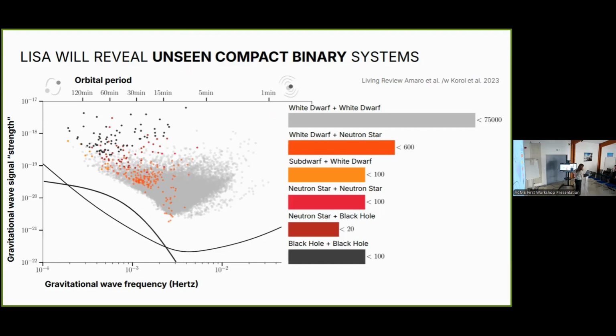Okay, so I'm actually not sure if we can produce them dynamically. Yes, you can, for instance, you can have triple systems, right? And you can have close encounters. I think that actually in the triple channel, you have the inner binary and a third companion that can help you to produce a type 1a.